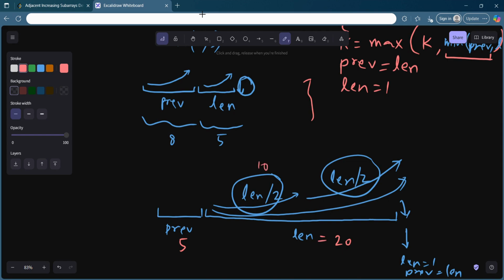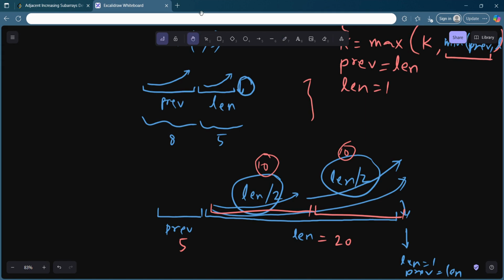So len by 2 is 10, len by 2 is 10. So these are also strictly increasing subarrays, and they satisfy all the conditions, right? Both are subarrays. There need not be any actual breakpoint. So this is of length 10 and this is also of length 10. They are both strictly increasing and both adjacent. So you could have done this also.